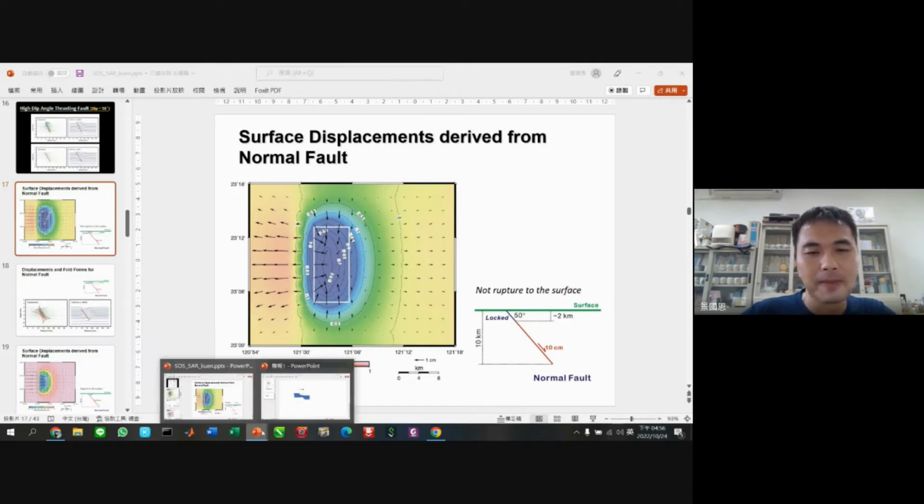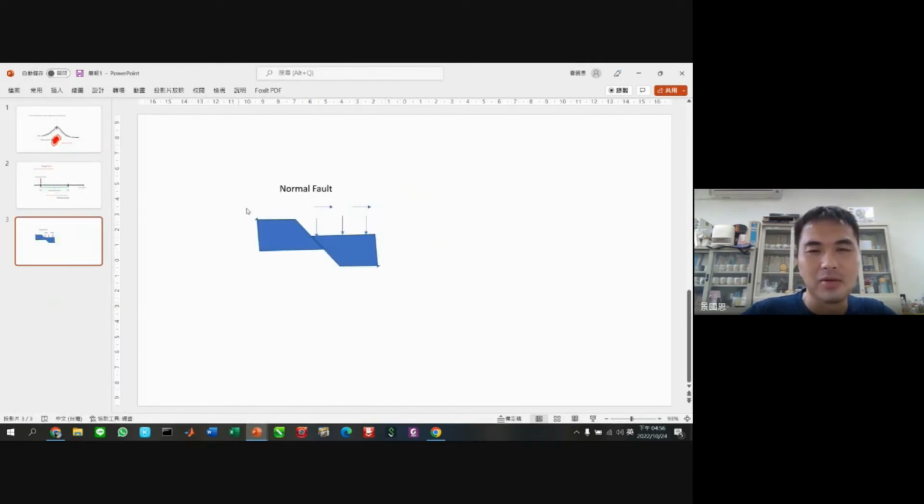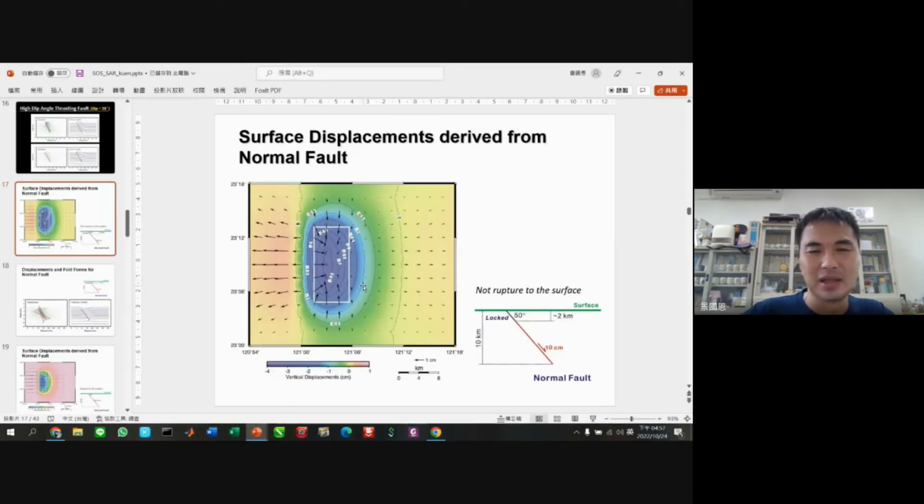So the pattern is not so simple like this. This is the conceptual model only, and this is the real world.